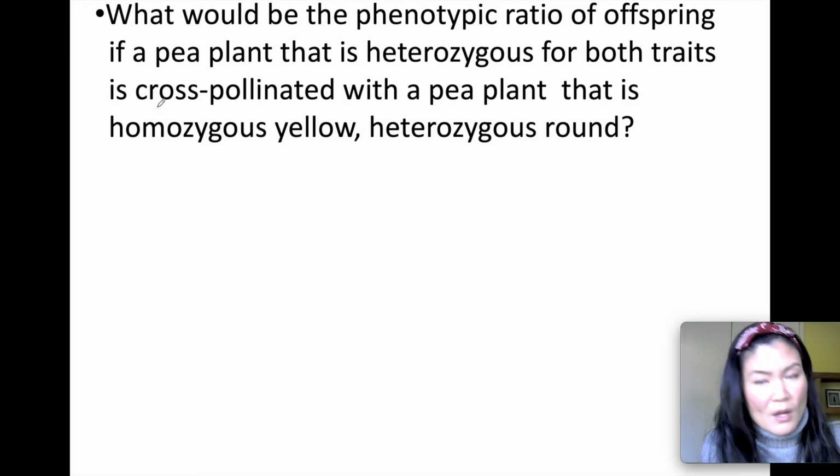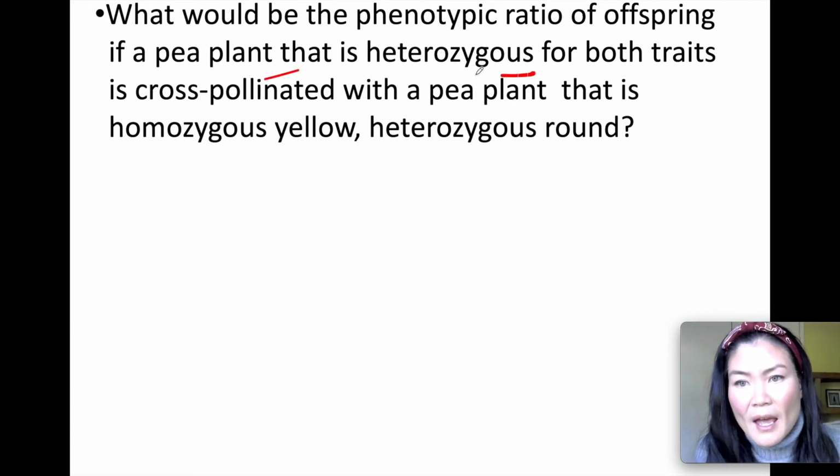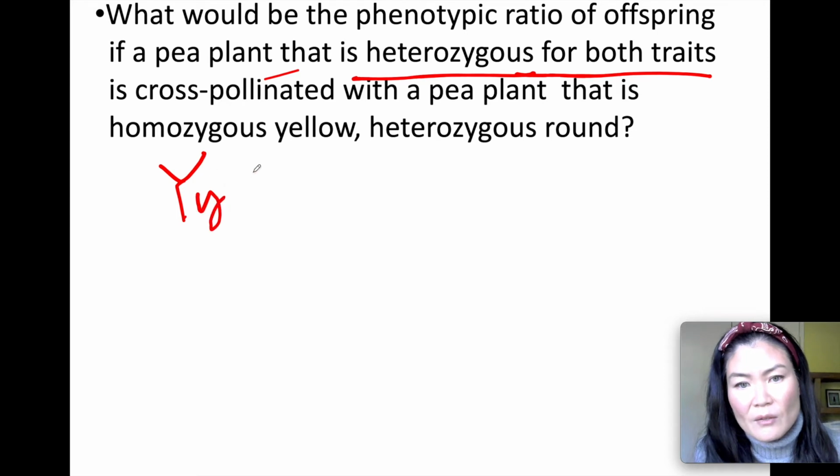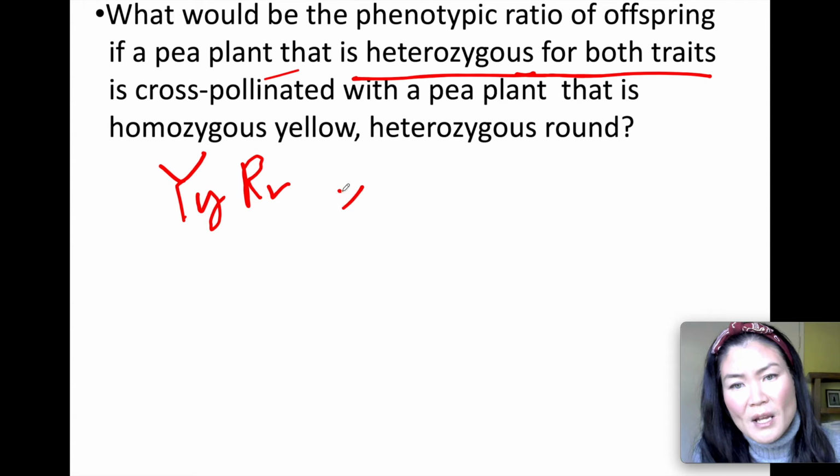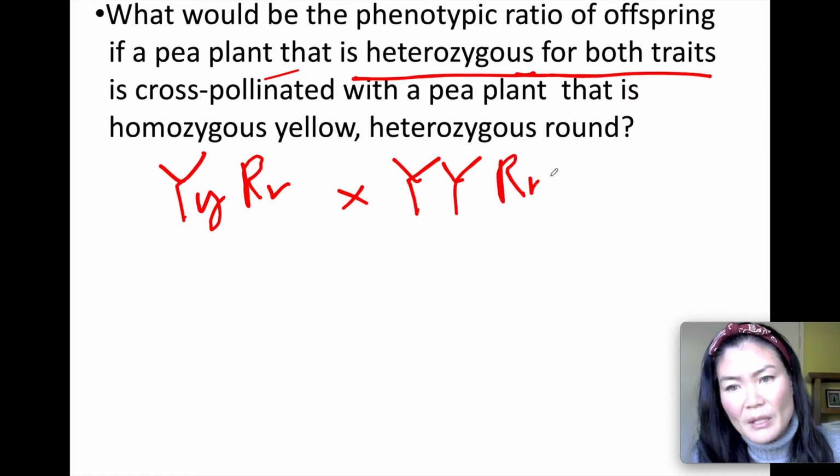The first plant is heterozygous for both traits, so it's going to be big Y, little y, yellow, and big R, little r, round. The other plant is homozygous yellow. Homozygous means 2 of the same, so big Y, big Y, because it's yellow. Heterozygous round, big R, little r.